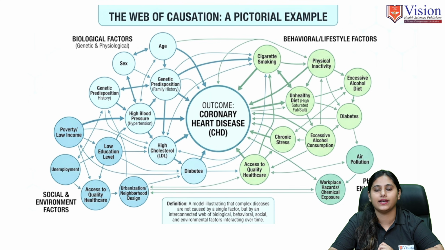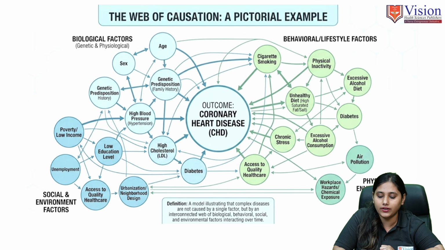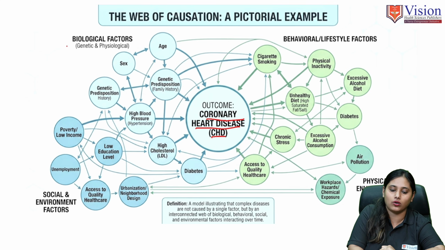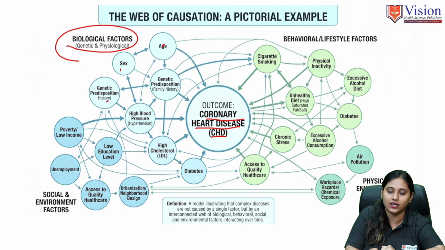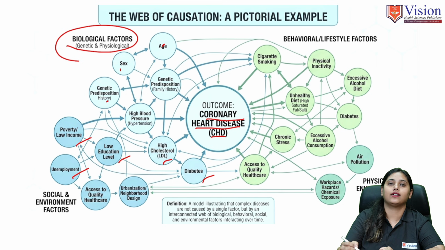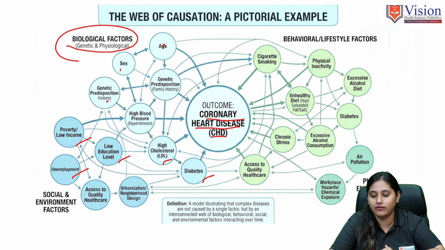You can see one example for the web of causation theory. For causing coronary heart disease, there are many factors. There are biological factors like age, sex, genetic predisposition, and poverty or low income, unemployment, low education level, high cholesterol, diabetes. And there are some lifestyle or behavioral factors.